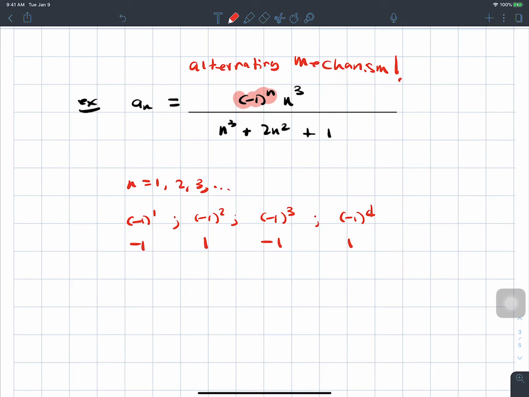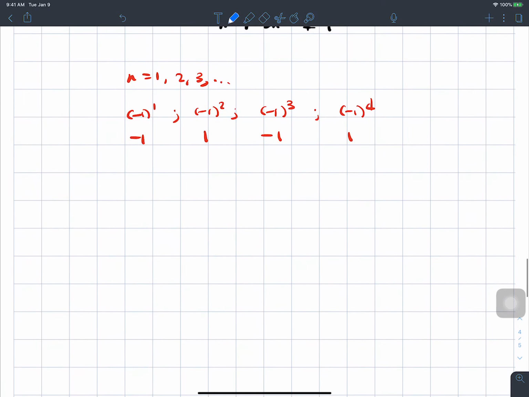And so the theorem that you guys have here in your book, one of the properties, says if the limit of the absolute value of a_n is 0 as n gets big, then this is essentially what it means: the limit of a_n is 0 as well.